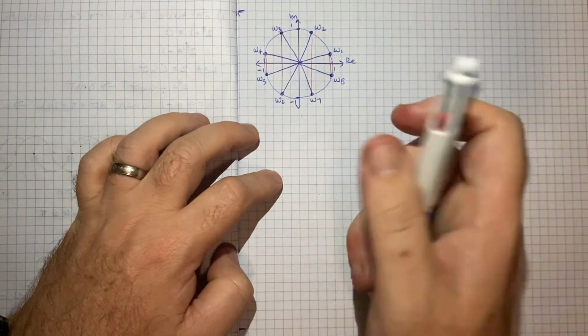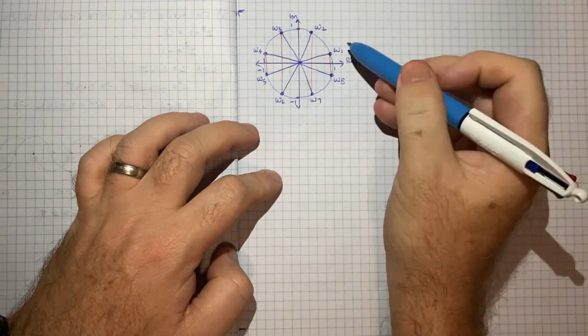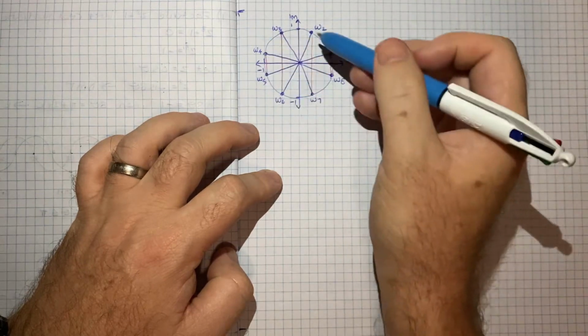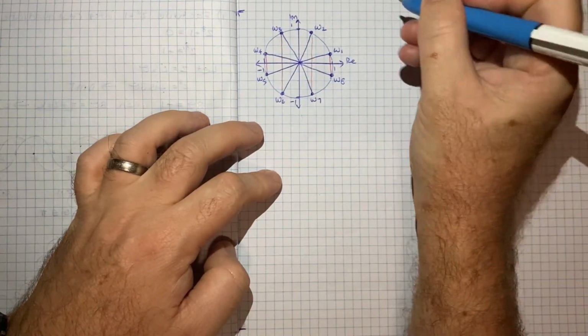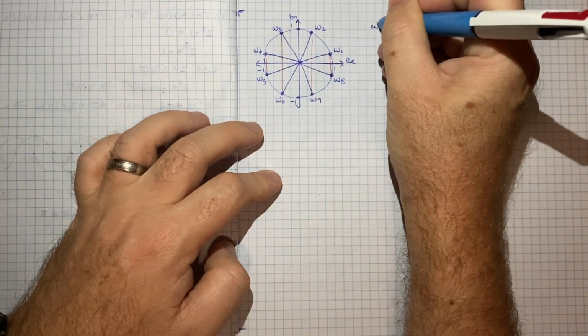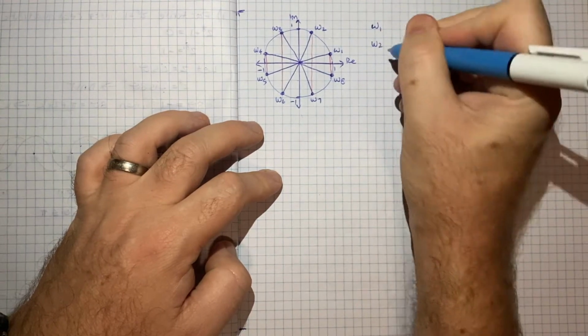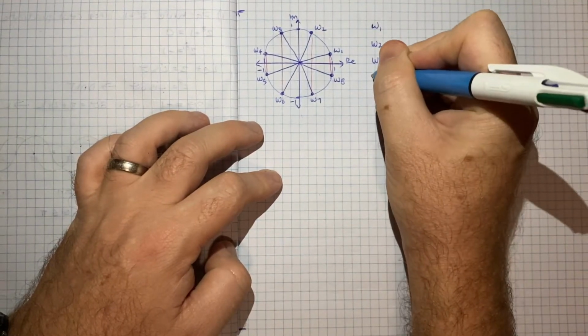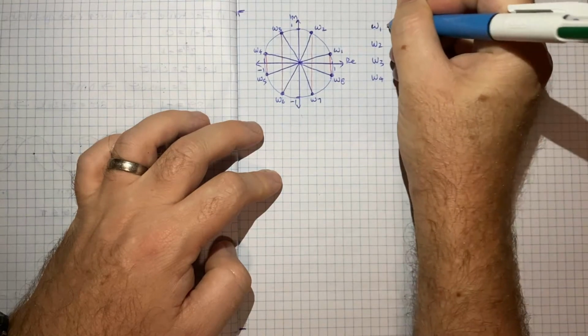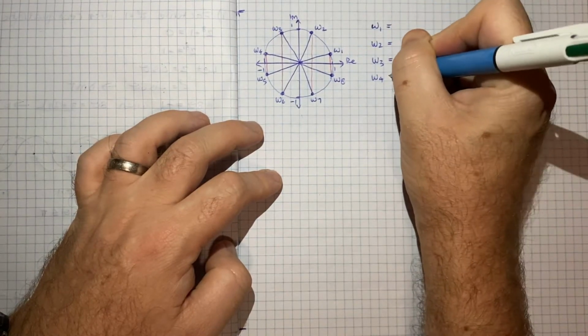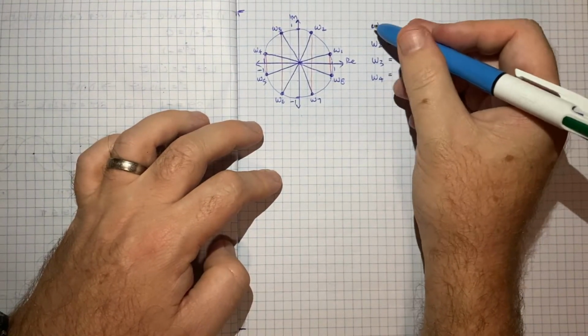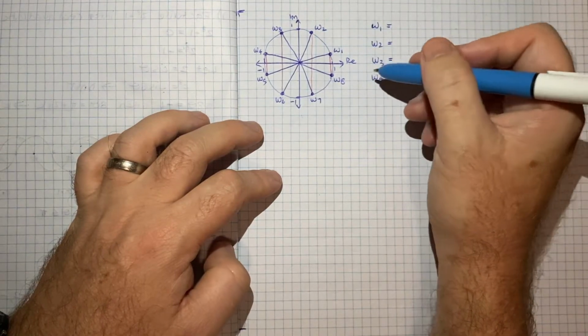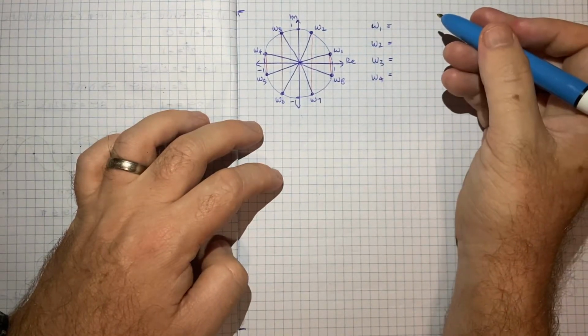So maybe what I'll do is I'll just note up a few of these solutions. So we've got omega 1, omega 2, omega 3, and omega 4. I'll just focus on those for now. So remember our solutions are in the form cis theta or cos theta plus i sine theta.